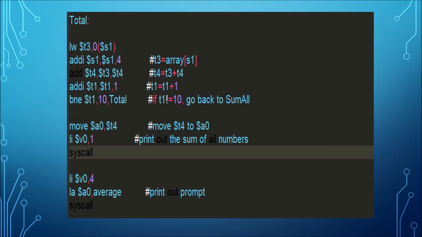Move $t4 to $a0: move $a0 $t4 to print out the sum of all numbers. Load input $v0 1 to print out form. li $v0 4, la $a0 average.